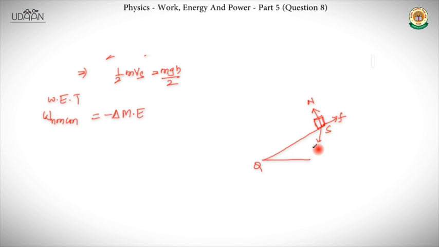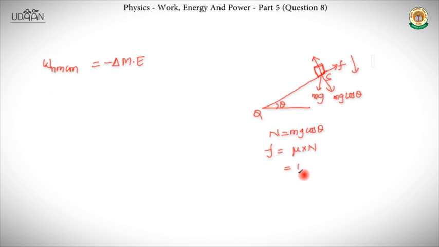We know the gravitational force is in this direction. As we know, this is theta, so this component will be equal to mg cos theta. There are no other external forces acting on the body, so N will be equal to mg cos theta. As we know, the frictional force is equal to mu into the normal reaction acting on the body. This will be equal to mu mg cos theta.